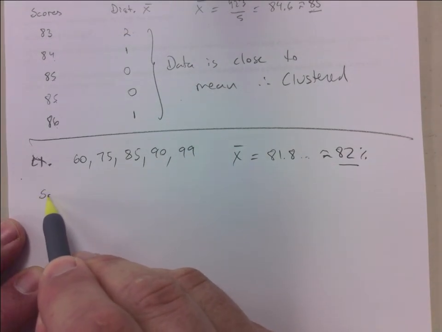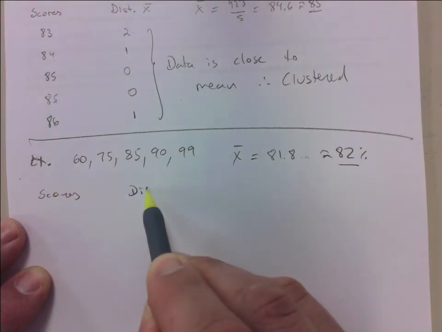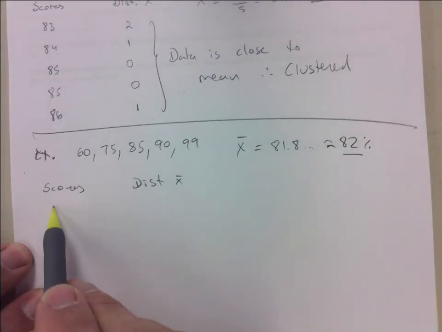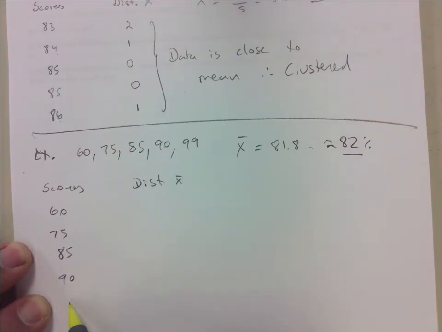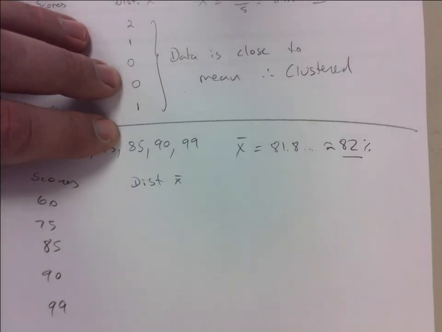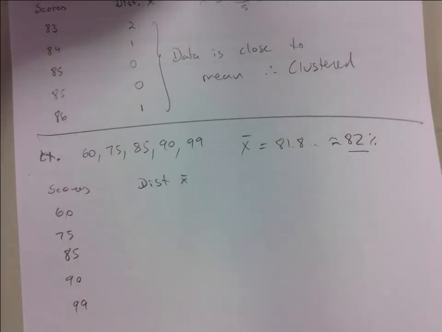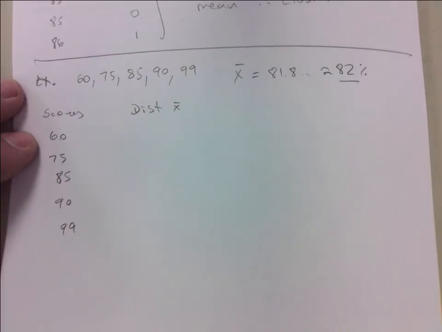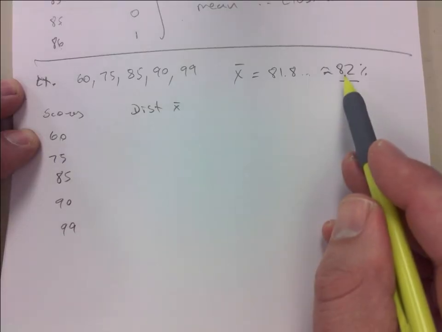So, scores, distance from mean. Okay, so we're gonna write them down: 60, 75, 85, 90, 99, okay? What's the distance from 60 to 82?